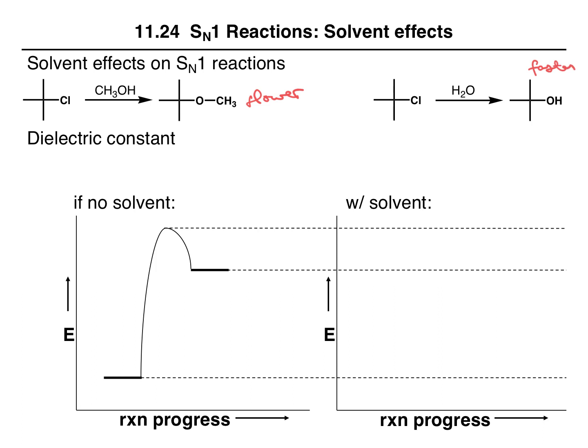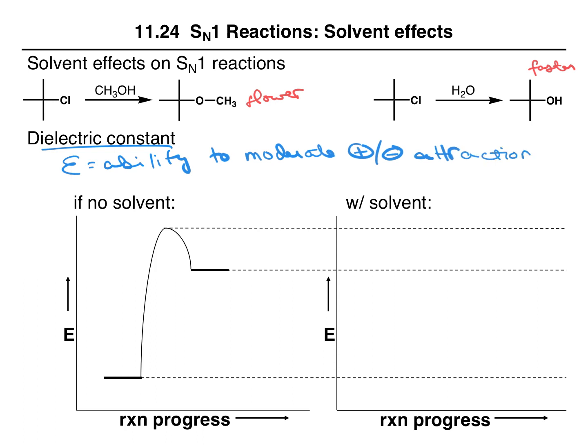Well, we need to focus on something called the dielectric constant, which is given the Greek symbol epsilon, and it is the ability to moderate plus minus attraction. So as the dielectric constant increases, the ability to solvate cations and anions increases.